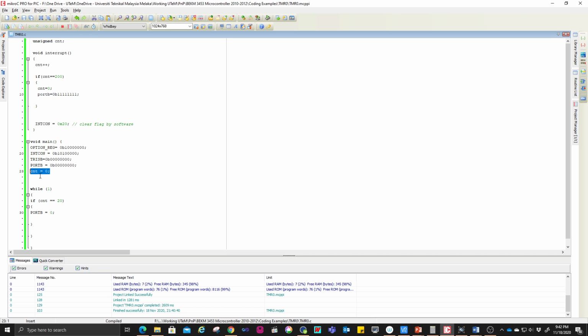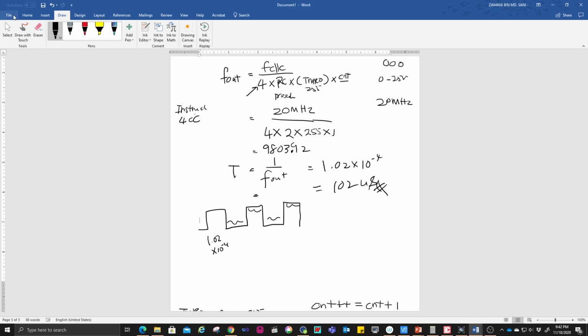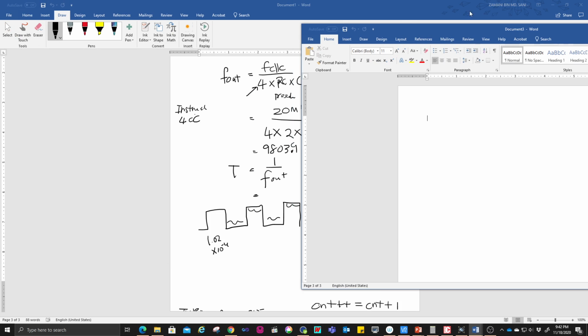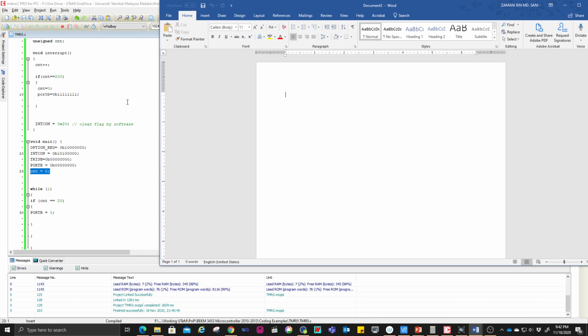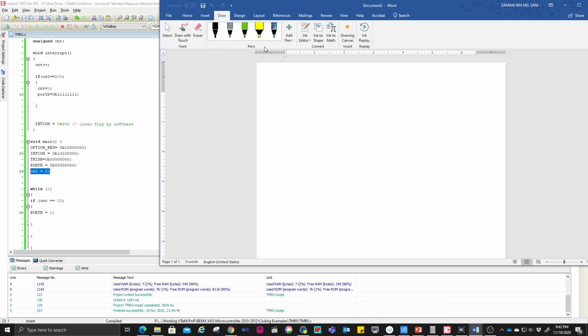All right. Now, what happens is, when you run your program, your timer 0 starts to count from 0 to 255. Now, when it counts and goes back to 0, an overflow has happened, so the interrupt must happen, correct?